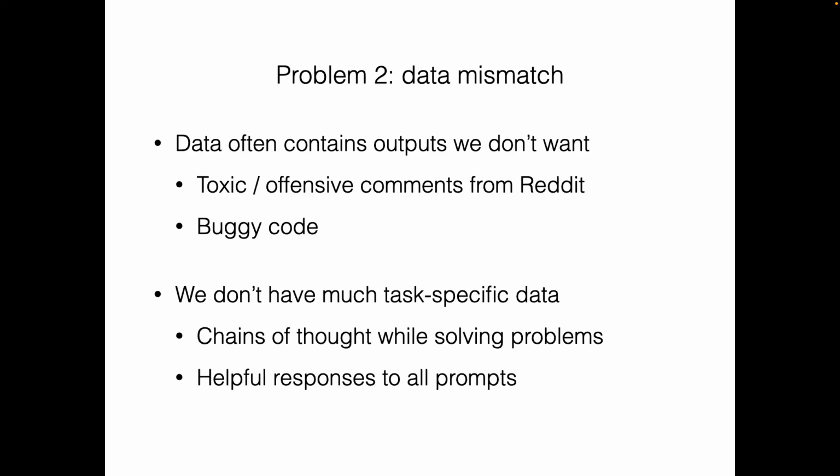And a second issue is that sometimes we don't really have data specific to a task or specific to some functionality that we want out of the model. A good example of this is chains of thought.